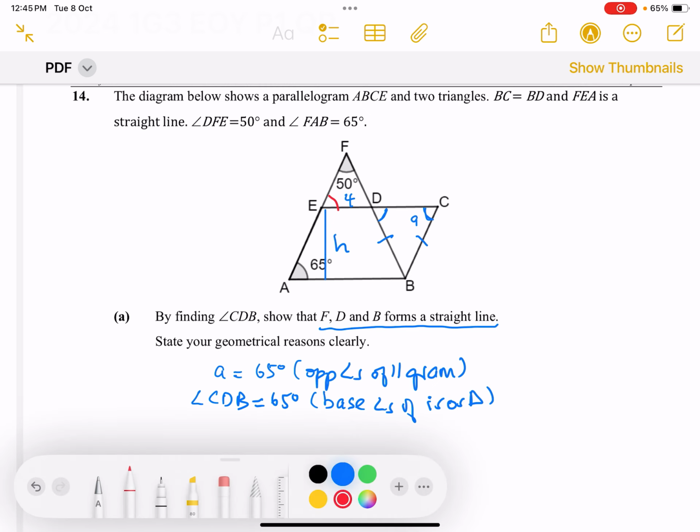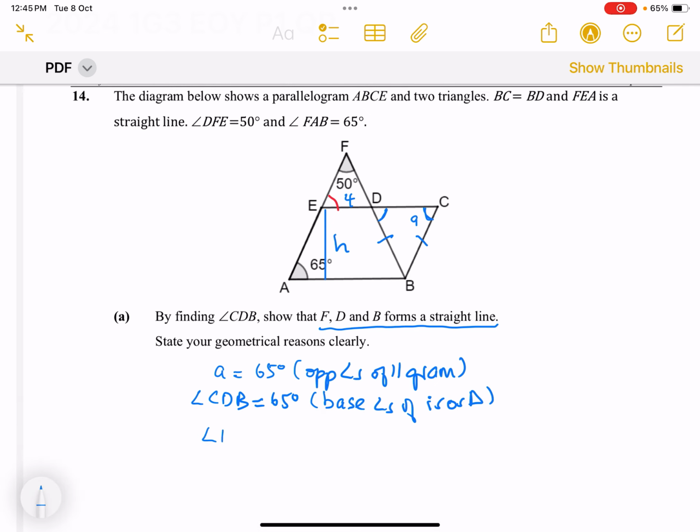Angle FED is actually 65 degrees, and this is corresponding angles, as ED is parallel to AB.